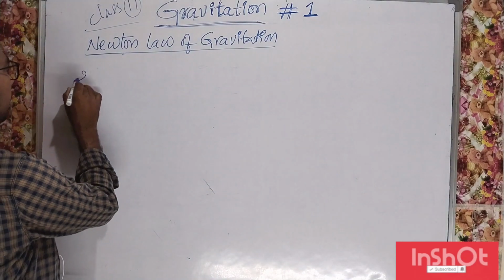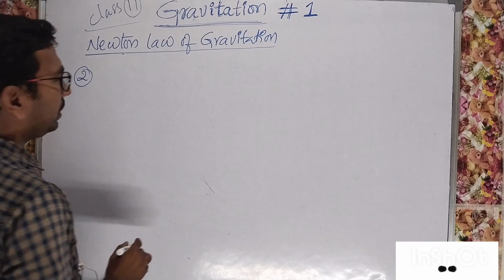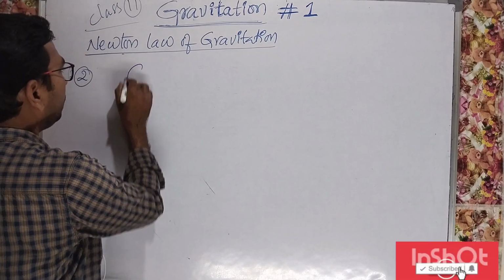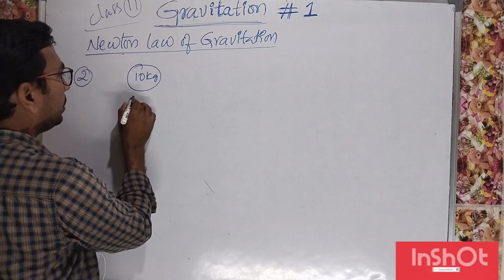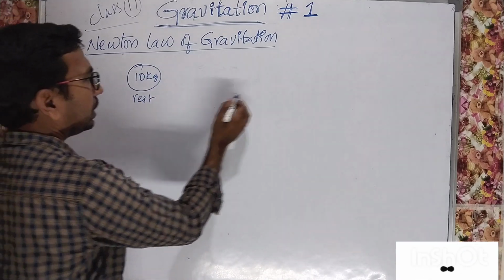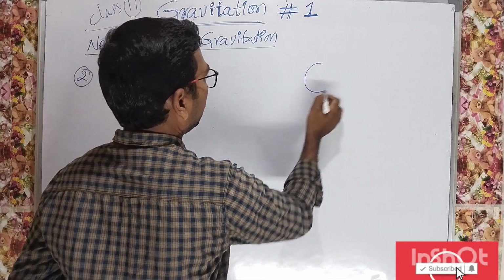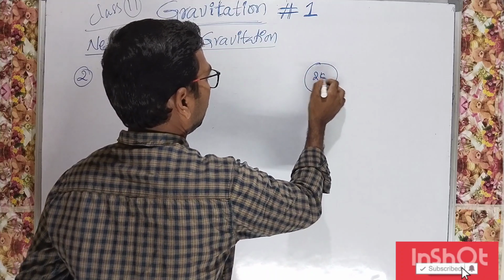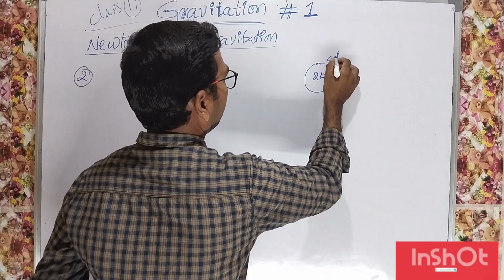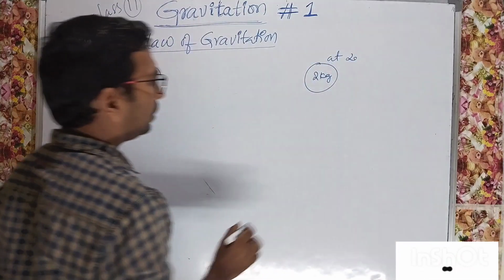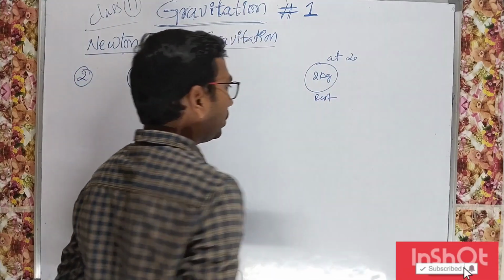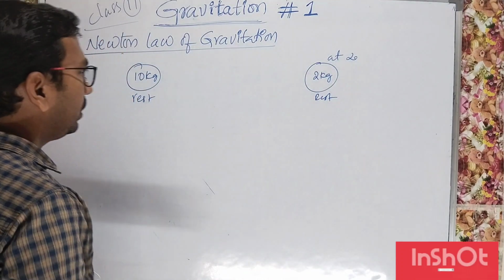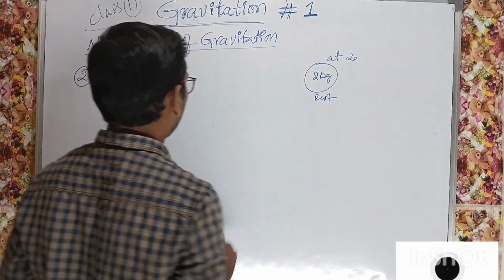Second one. Here two masses are there. The first mass is 10 kg at rest, and the second body is 2 kg at infinity distance, so this is also at rest. Due to gravitational force, these two bodies are attracting.